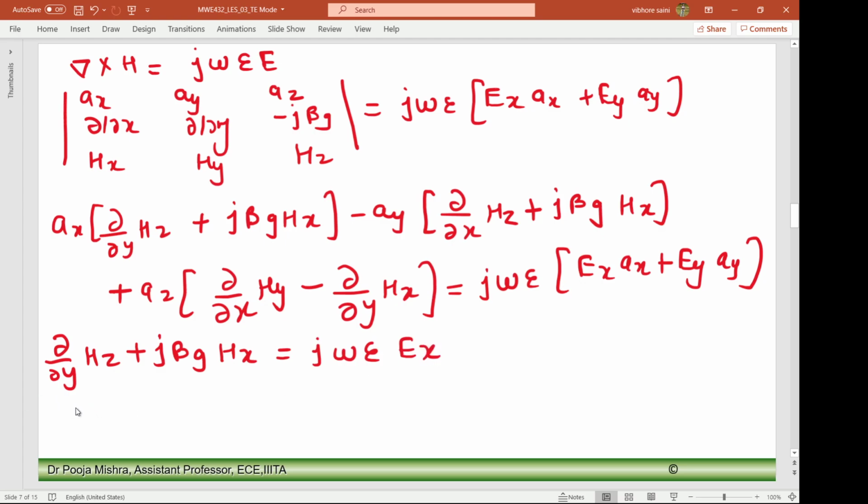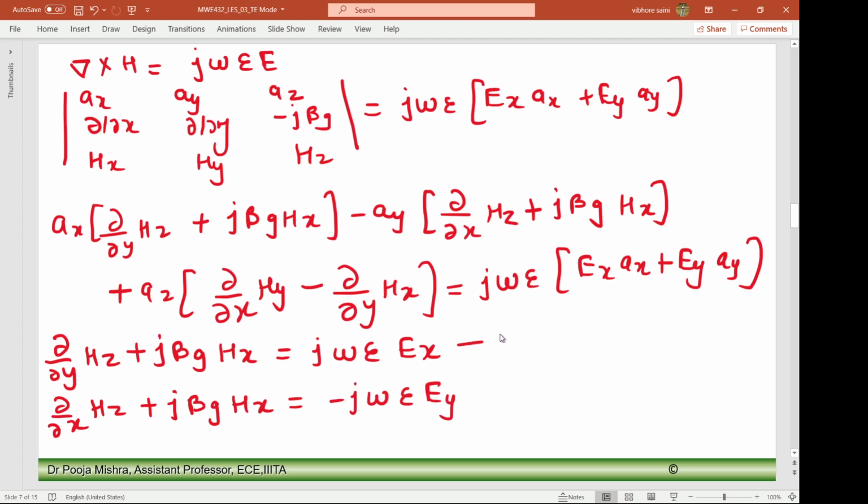The next equation we get as del x Hz plus j beta g Hx is equal to minus j omega epsilon Ey.